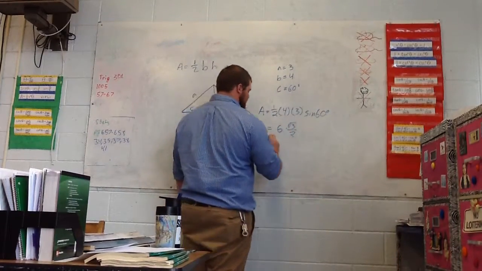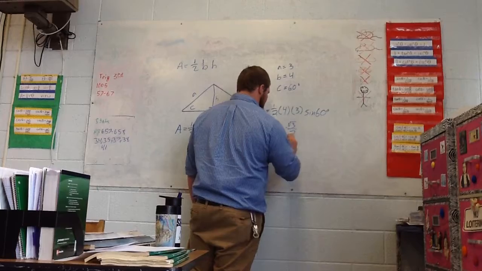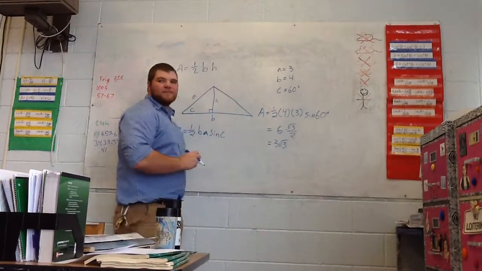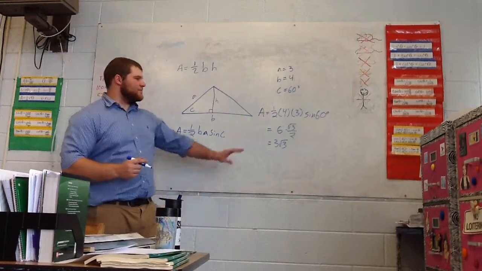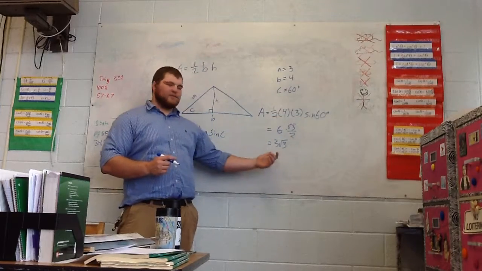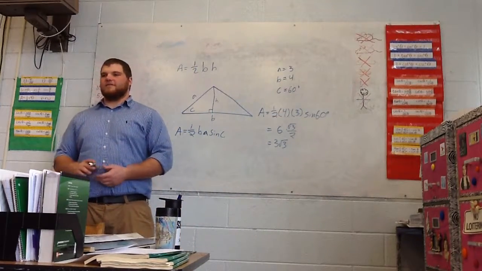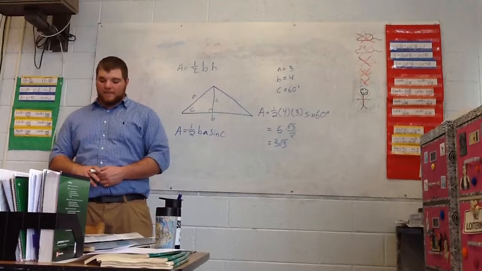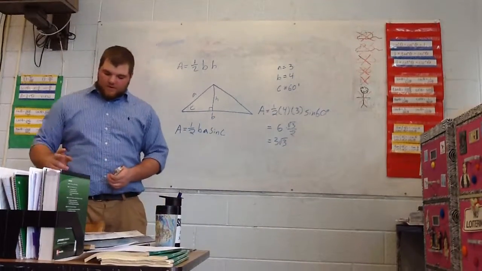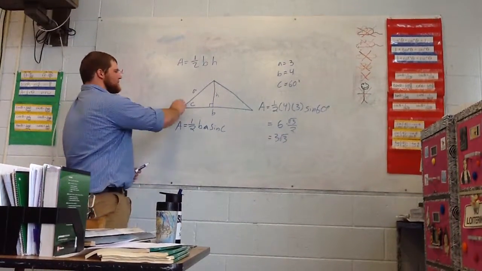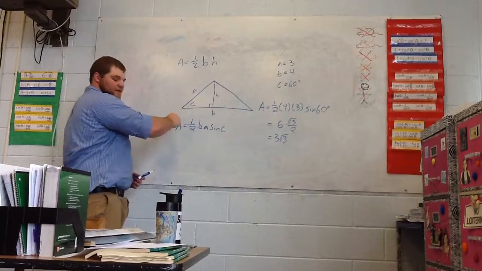Multiply together, we can reduce it to 3 square root of 3. If you punch this whole thing in the calculator or you just punch in 3 square root of 3, it's going to give you the same answer. Alright? So, that's how you solve a side angle side when you're given two sides and an angle in between.